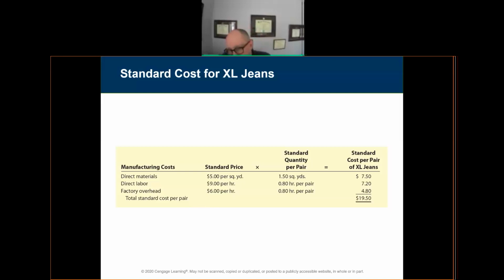Then, of course, I need my employees to manufacture the pair of blue jeans. The current hourly rate of my employees is $9 per hour.